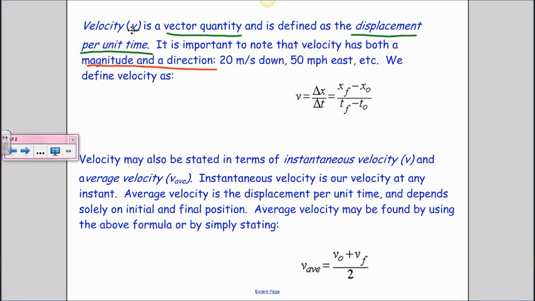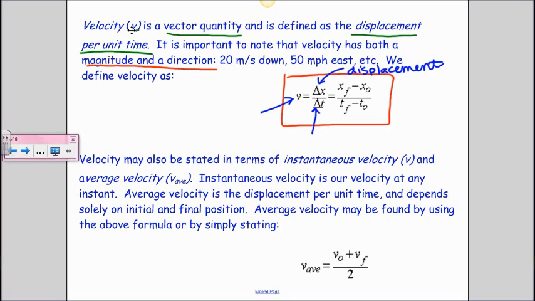We define velocity as this crazy looking equation. v equals delta x over delta t, which is equal to x final minus x initial over t final minus t initial. So let's break this down a little. v is velocity. What is delta x again? Delta x is displacement. We read delta x as the change in position.